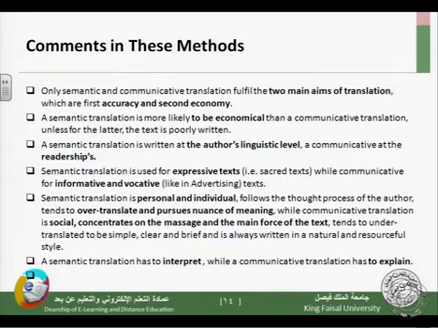The semantic translation is written at the author's linguistic level. In the semantic, you take into account the author. In the communicative, you take into account the reader. It means you prefer the reader rather than the writer. The semantic favors the writer of the text, but communicative favors the translated text.